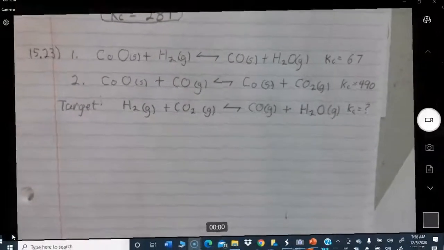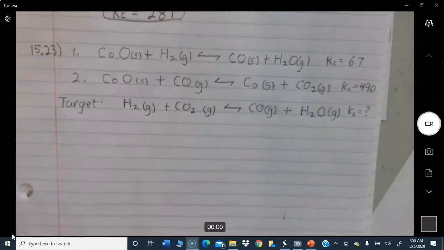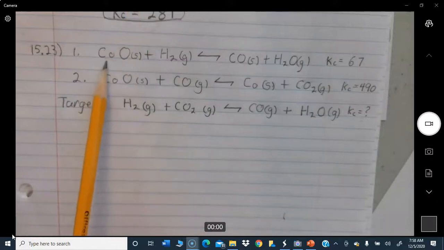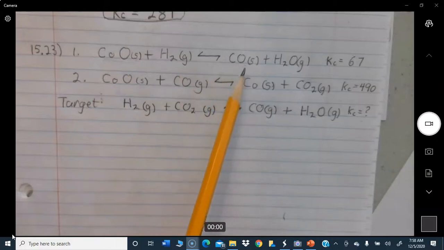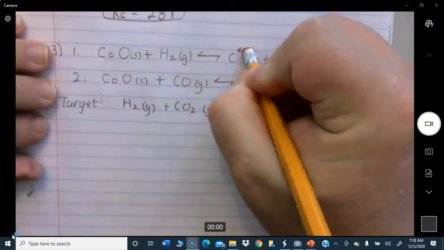Okay, so I've written all 3 equations, and we're going to do this one similar to the one we did a little bit earlier. A couple of instructional points here. You do not need to write the equilibrium equation, the law of mass action, for this, but if you did, you would not include cobalt oxide because it's a solid, and Co over here should be a capital C, small o.